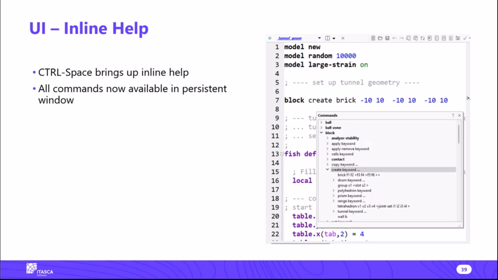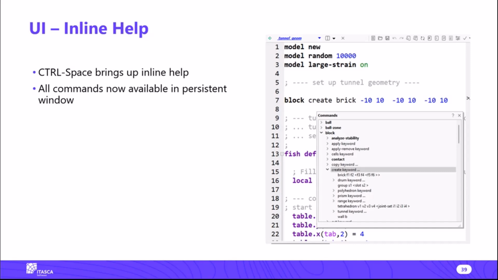The inline help has been improved in version 9. So this was available in version 7, where you start typing a command and you hit Control Space, and it shows you what possible keywords you can have. So for example, in this example, I started typing block create. I hit Control Space, and it tells me, okay, I can create a brick or a drum or a polyhedron.